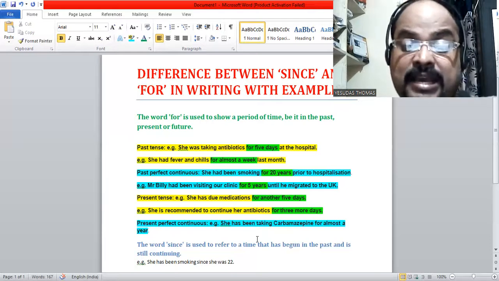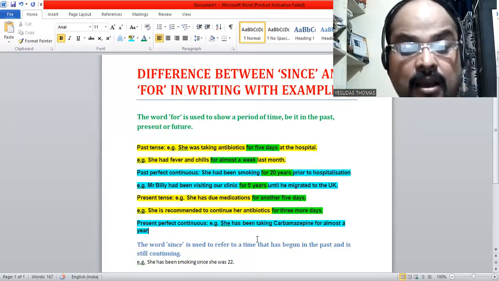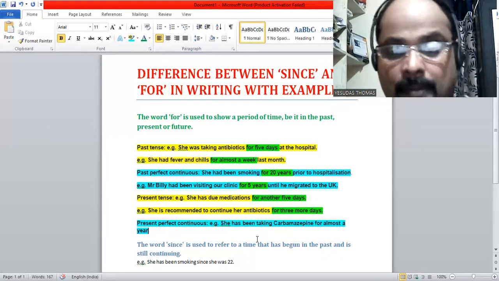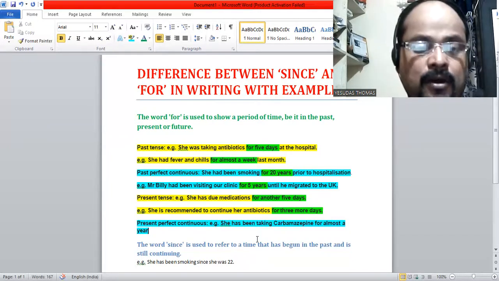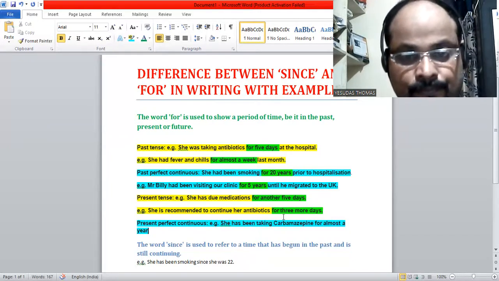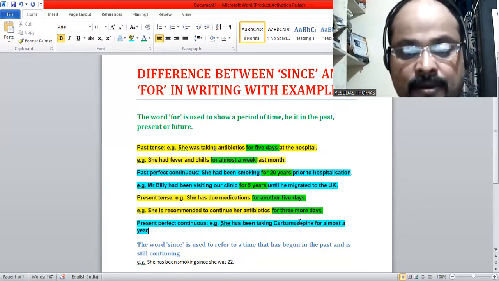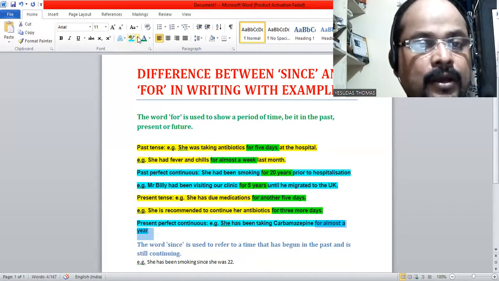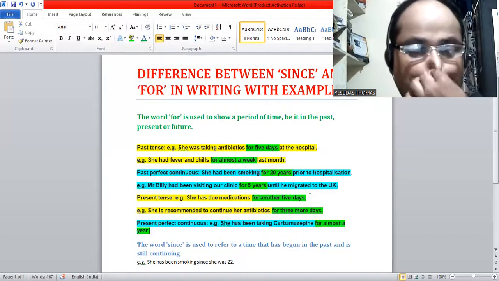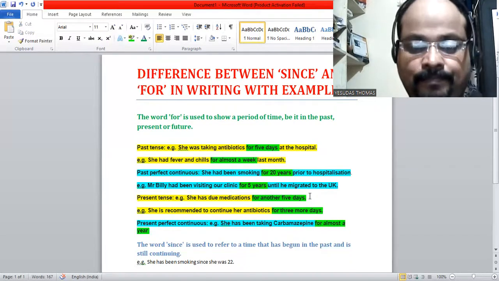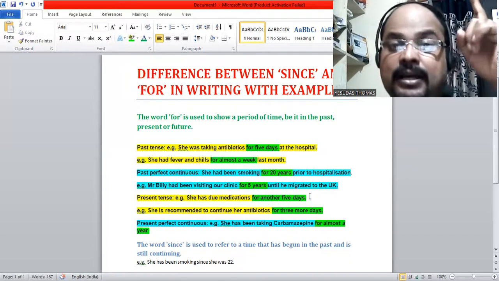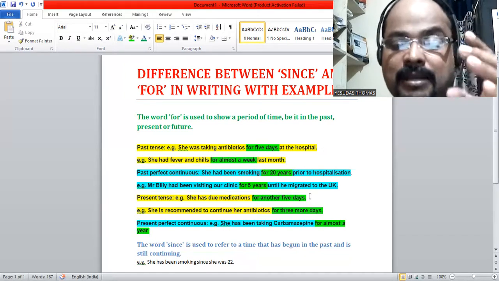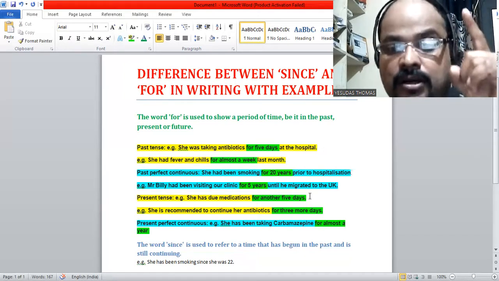She has been taking carbamazepine for almost a year. Now, this is present perfect continuous, for almost a year. For how long? She started taking carbamazepine last year.